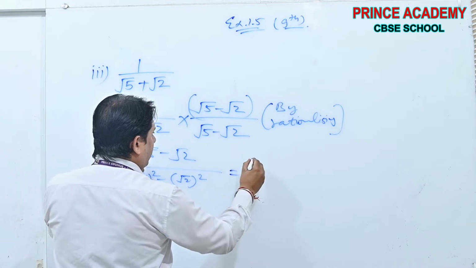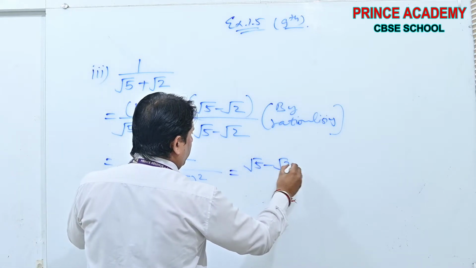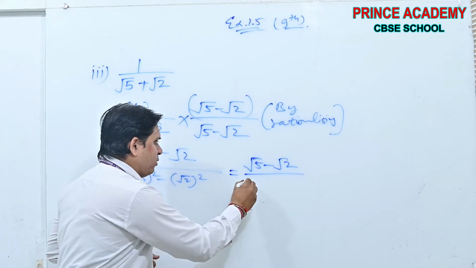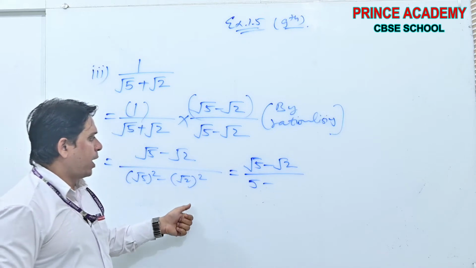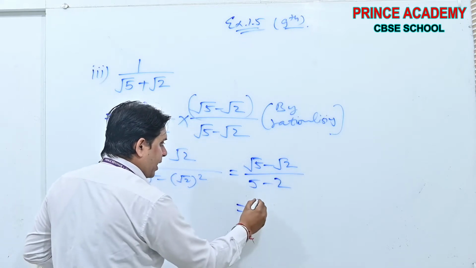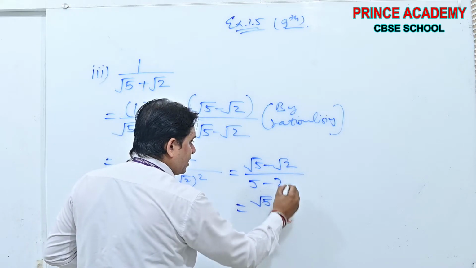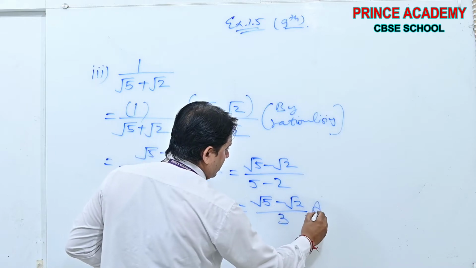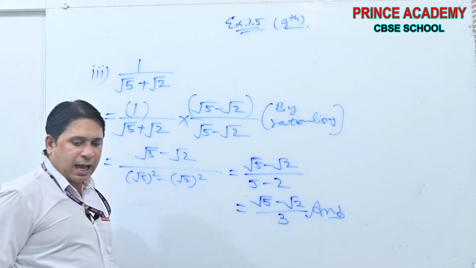What is this, beta? Root 5 minus root 2 divided by root 5 square is 5, root 2 square is 2. Done. Now see, here is root 5 minus root 2, and divide by 5 minus 2, that is 3. This is the answer.